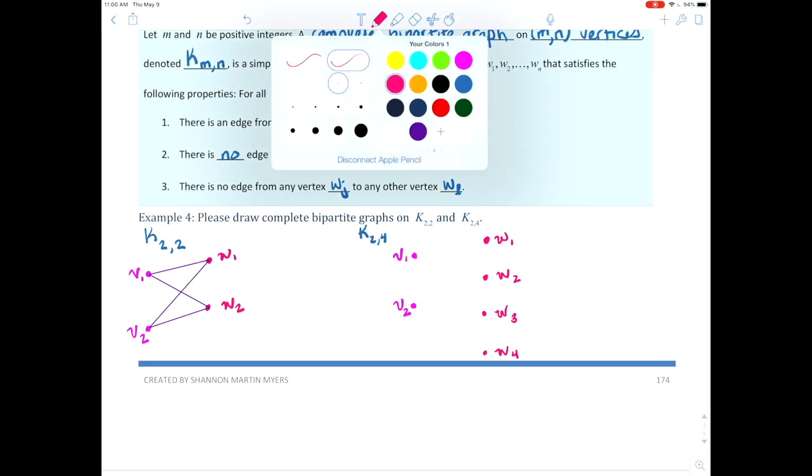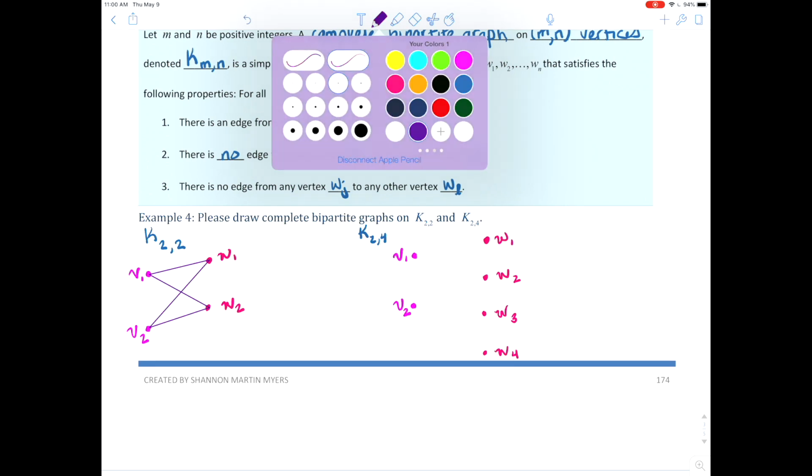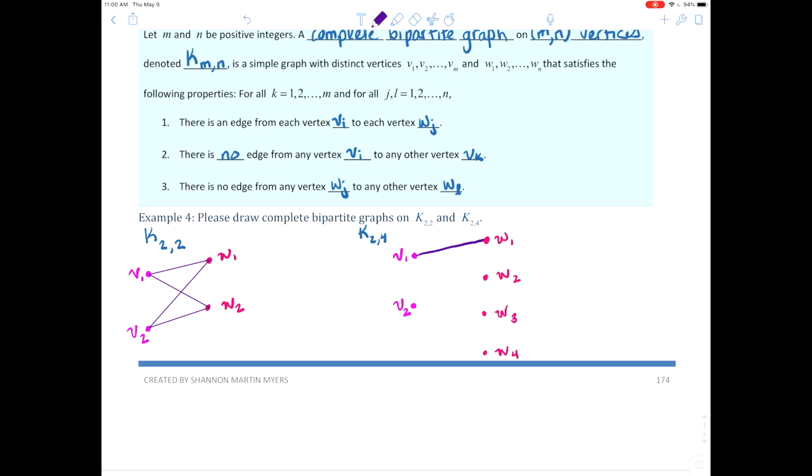All right, so remember, you don't connect any of the V's to each other or any of the W's to each other, the 2 V's don't connect and the 4 W's don't connect. But we will certainly have a connection going out from V1 to each of the W's or vice versa, whichever way you like thinking about it. And then the same with V2.